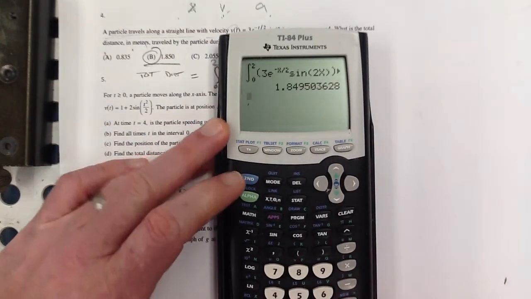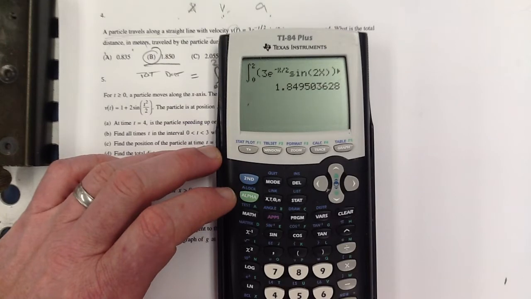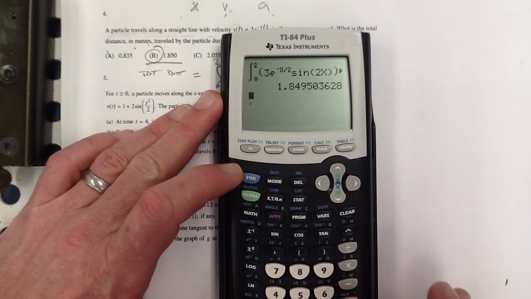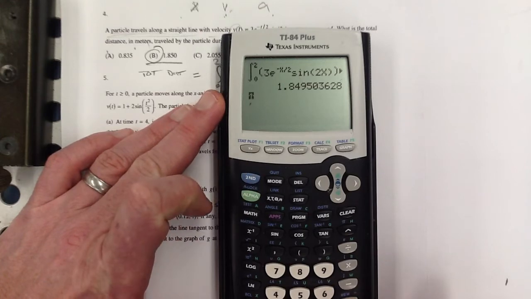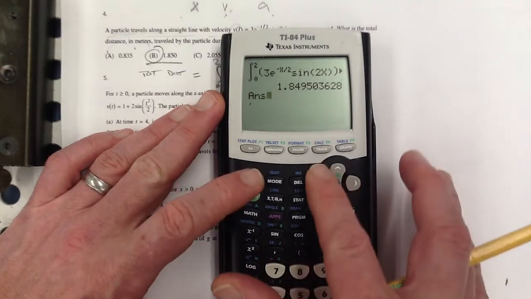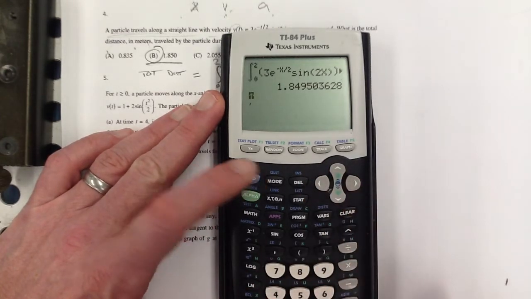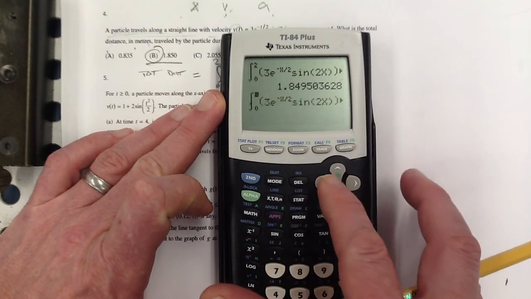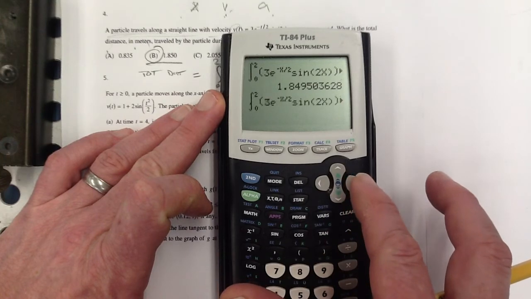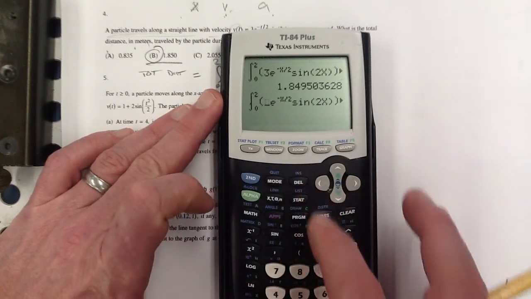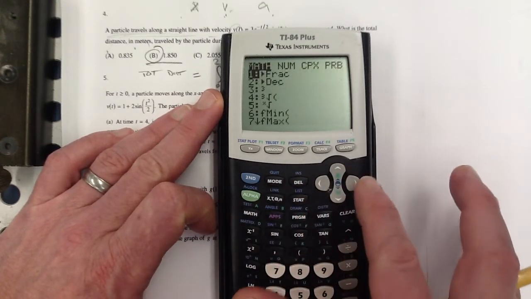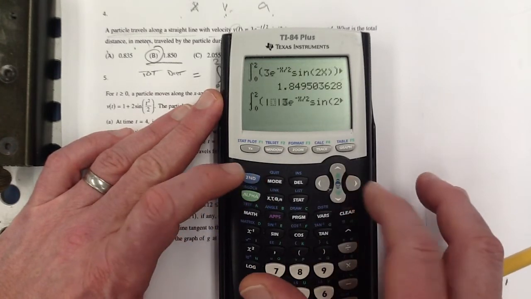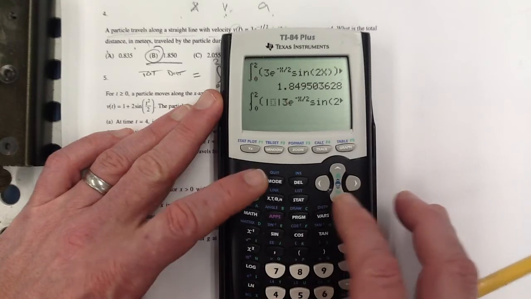So let's see if I can. Oh, I don't know if I can. There might be a way to insert. Let's see. Insert math. Yeah, and I bet you there's a copy and paste kind of thing too.